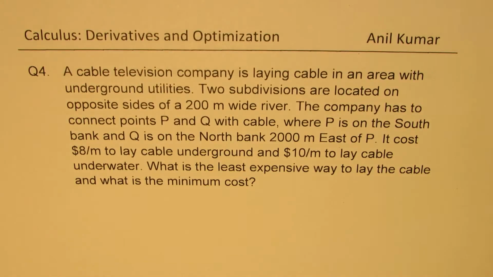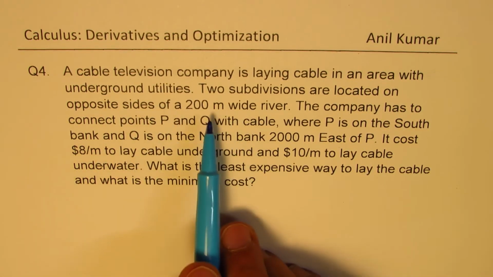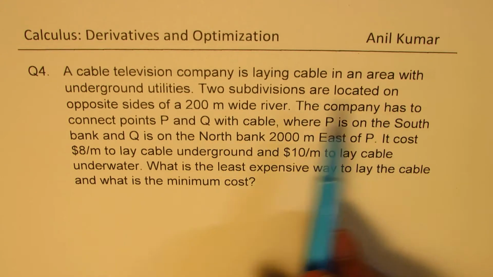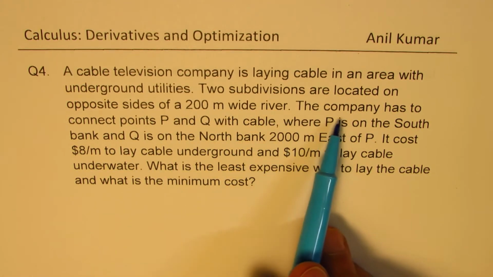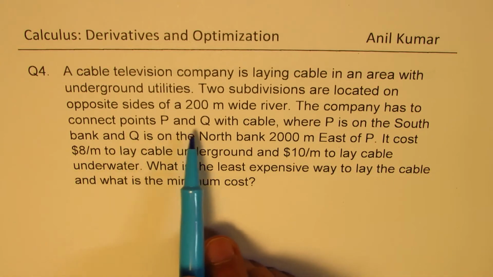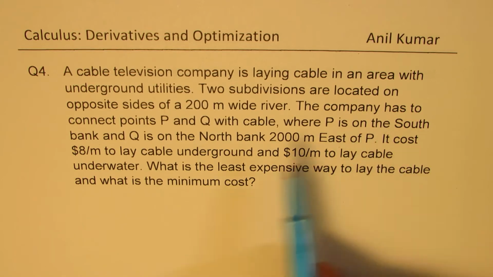Let's look into question number 4. A cable television company is laying cable in an area with underground utilities. 2 subdivisions are located on the opposite sides of a 300-meter wide river. The company has to connect points P and Q with cable, where P is on the south bank and Q is on the north bank, 2,000 meters east of P, right?